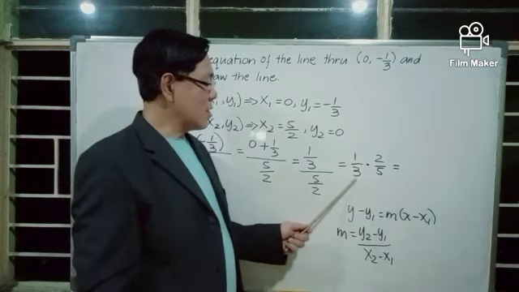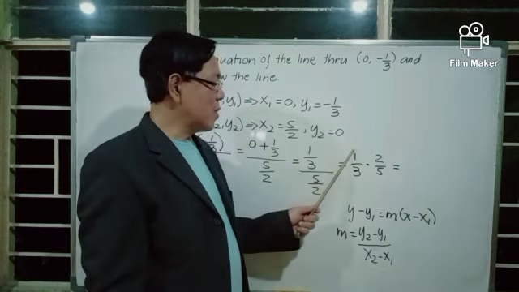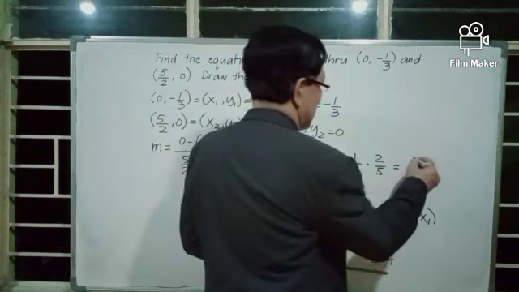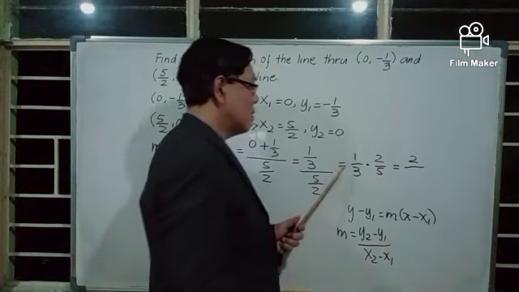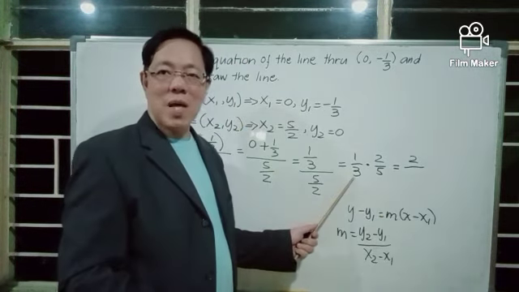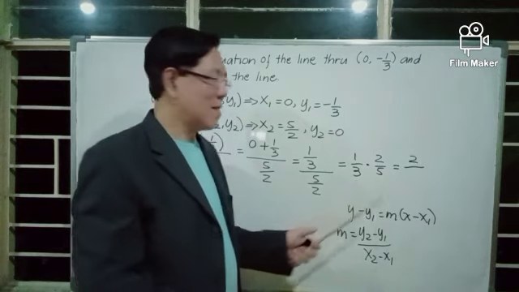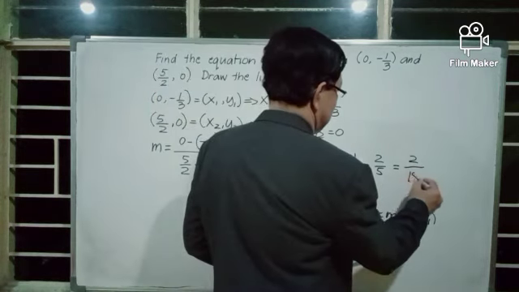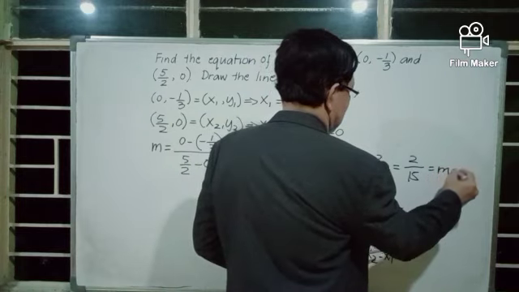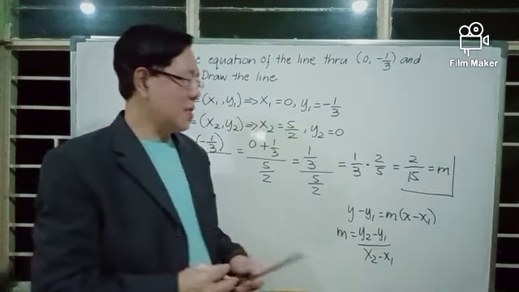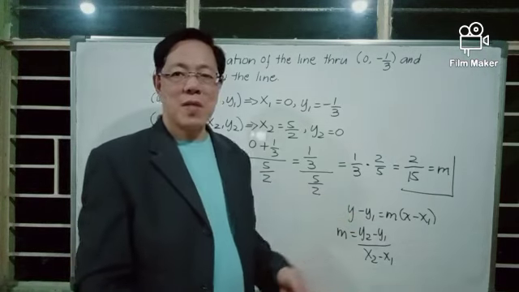To multiply these two fractions, we multiply the numerators. 1 multiplied by 2 is 2. Over, multiply the denominators. 3 multiplied by 5 is 15. And the slope of the line is 2/15.